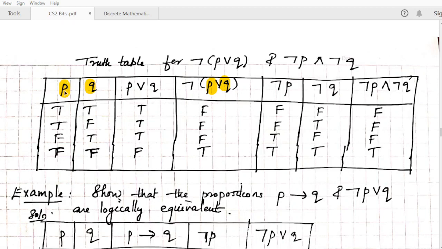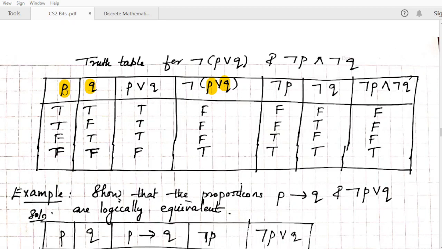If there is a single proposition, there are only two possibilities. When there are two propositions, there are four possibilities. The idea is that if there is only one proposition, it is 2 raised to 1, which is 2. When there are two propositions, P and Q, the number of possibilities is 2 raised to 2, that is 4.